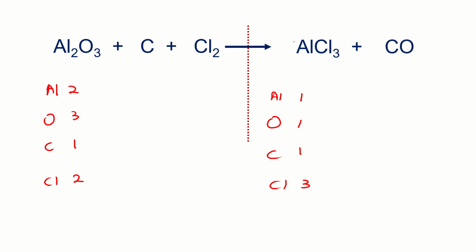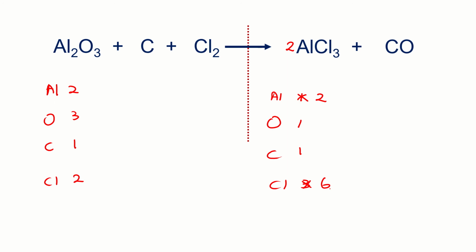So we will put 2 aluminums on this side by putting the coefficient 2. By putting this 2, now we are altering the total number of chlorine. 2 multiplied by 3, that is 6 chlorines.